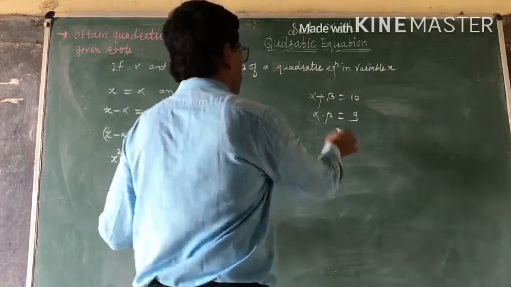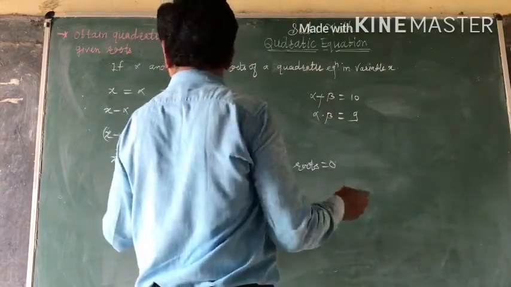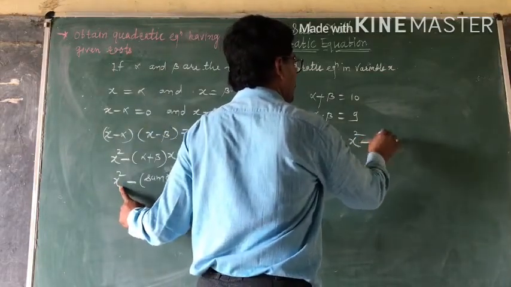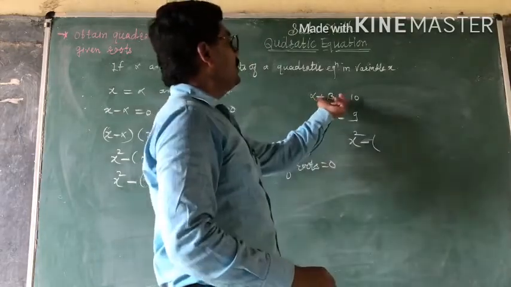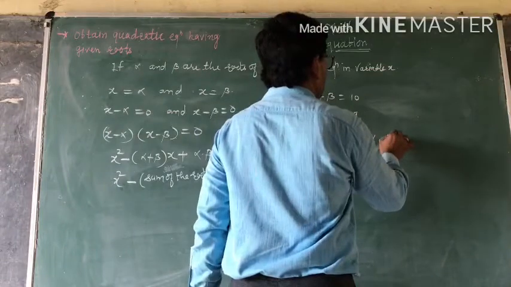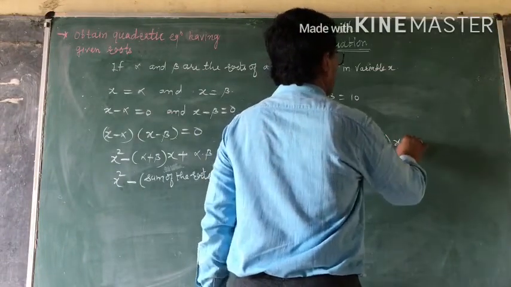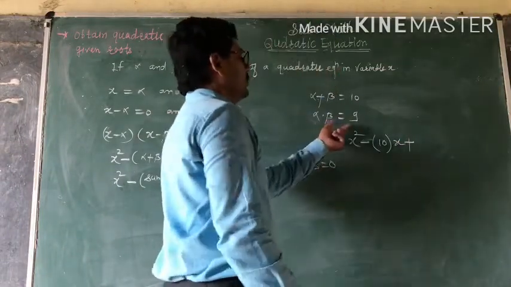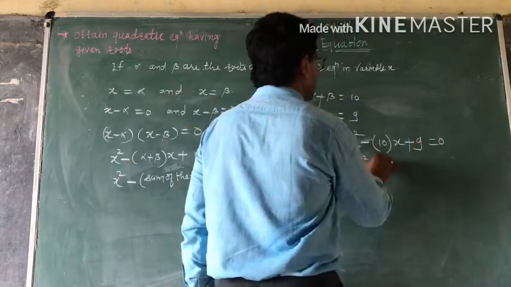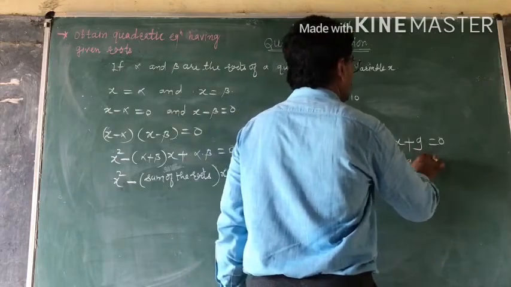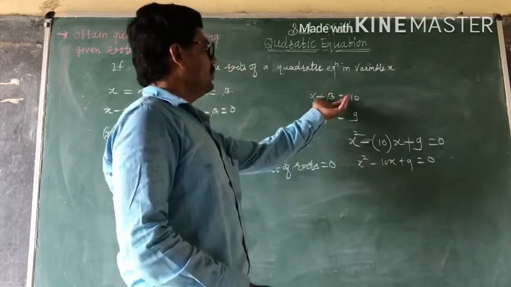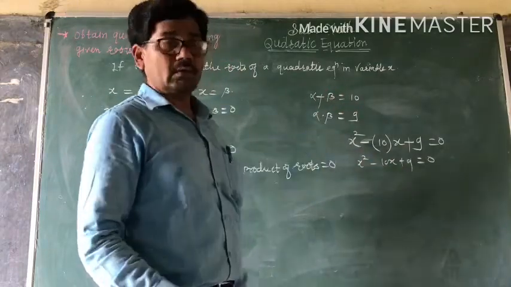Suppose the variable is x. The first term is x square minus the sum of the roots, which is 10, into x, plus the product of roots, 9, is equal to 0. Therefore x square minus 10x plus 9 is equal to 0 is the quadratic equation when the sum and product of the roots are given.